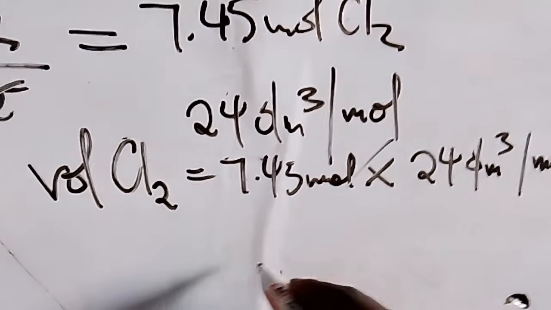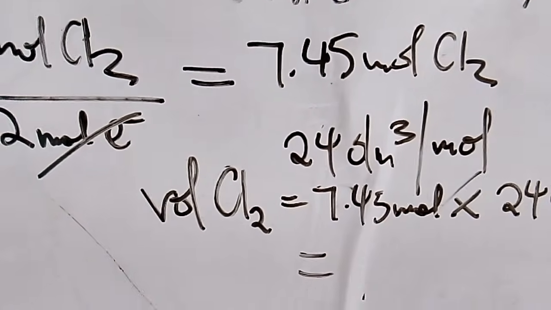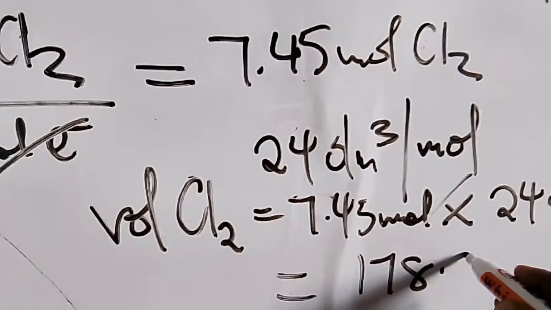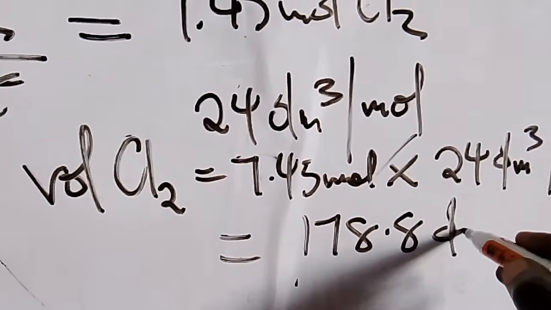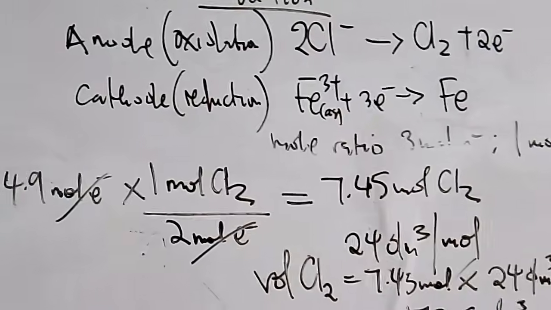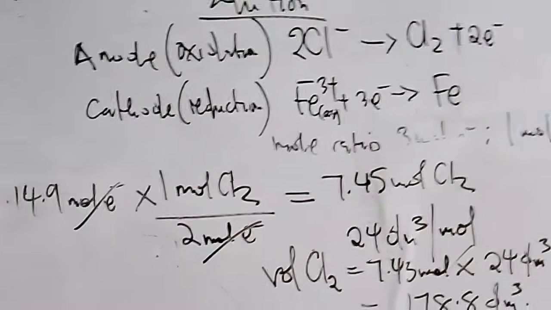You can see the per mole will go. Then the volume now will be 178.8 decimeter cubic. That is how we carry out electrolysis calculations.